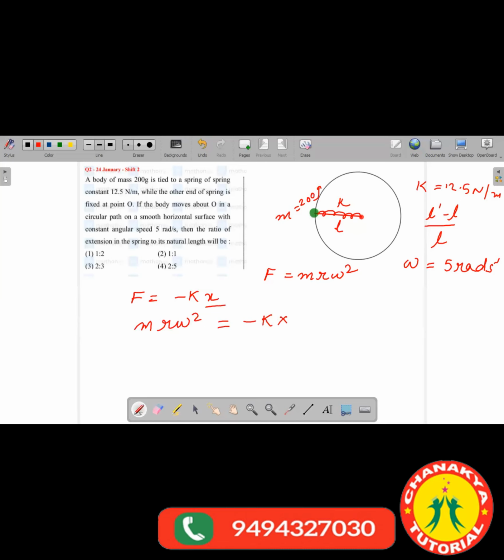The extension x will be written as L dash minus L, whereas this radius is equal to the length L. So m times L times omega squared will be equal to minus k times (L dash minus L). And our target is finding L dash minus L over L. So m omega squared over k should be equal to (L dash minus L) over L.